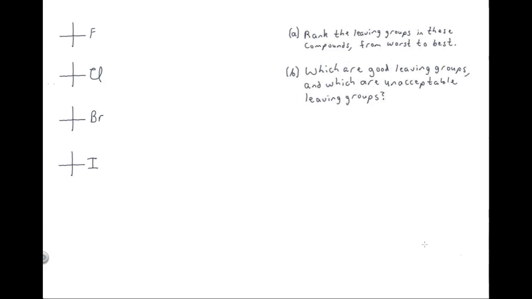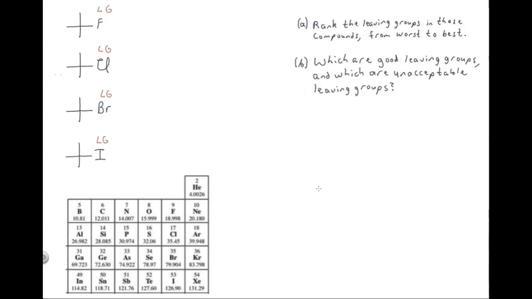First, we need to identify the leaving groups. Well, we know that neutral iodide, neutral bromine, and neutral chlorine can be used as leaving groups. So it would be logical here to compare the leaving group ability of those atoms with the leaving group ability of the fluorine. So how can we compare these?